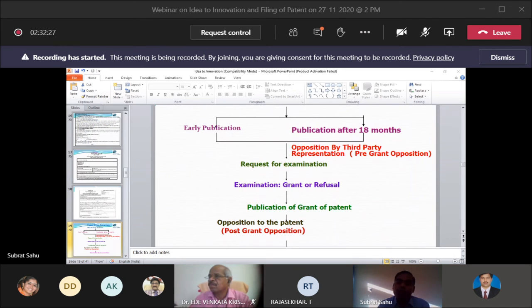Now the next thing we'll discuss is how we write those ideas in a very presentable form so that they get patented very easily. See, again I will tell you, a patent document is a techno-legal term. We are experts in the technical world, but we are not experts in the legal world.